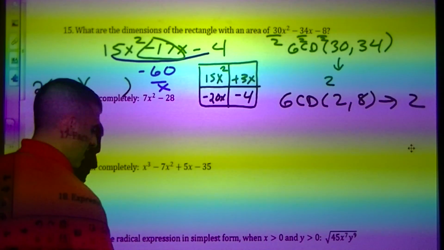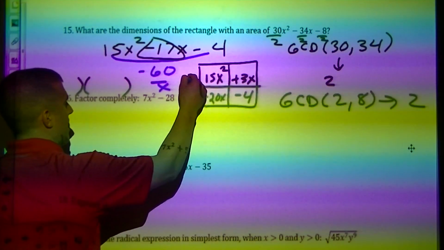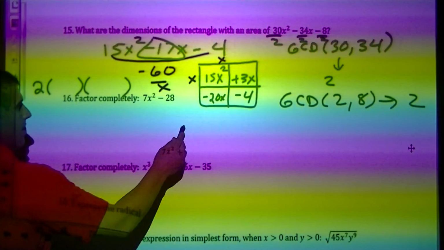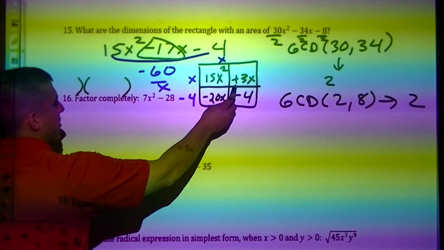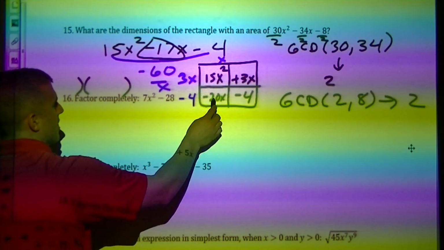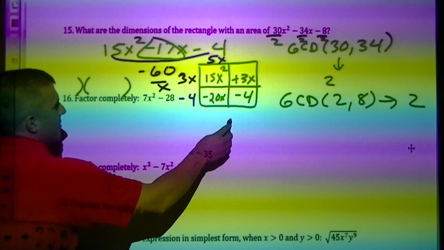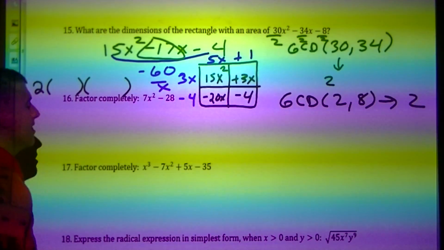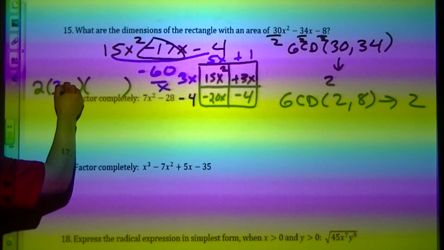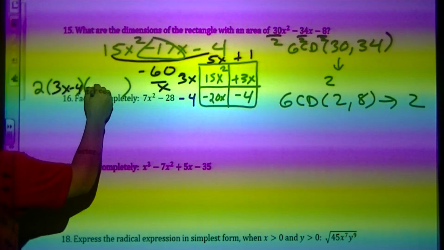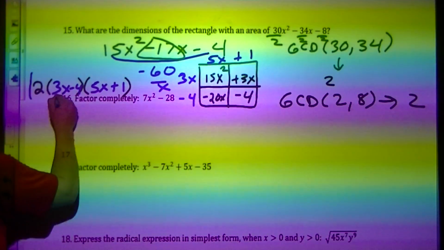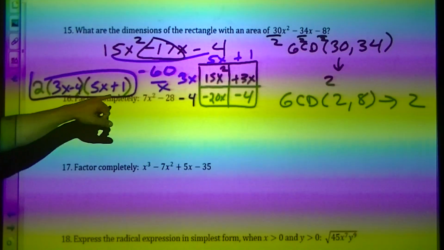When I go to factor there, x and x. What would come out of here would be negative 4. What would come out of there would be 3. GCF-wise would be 5, and 1. So my dimensions are 3x minus 4, 5x plus 1. That's my answer.